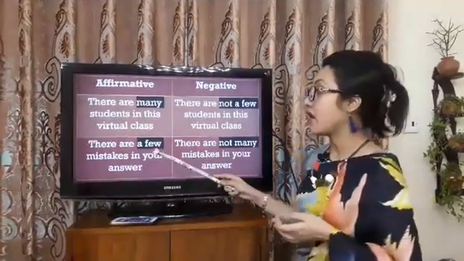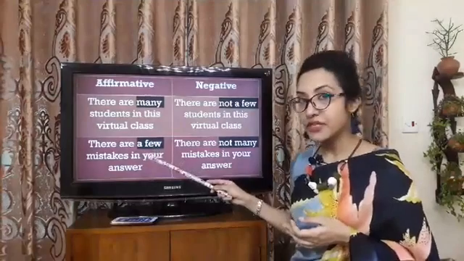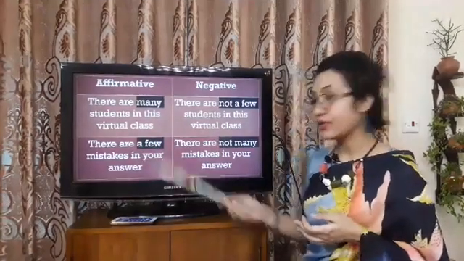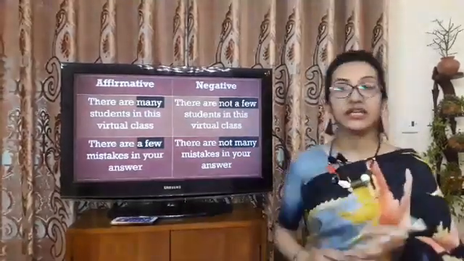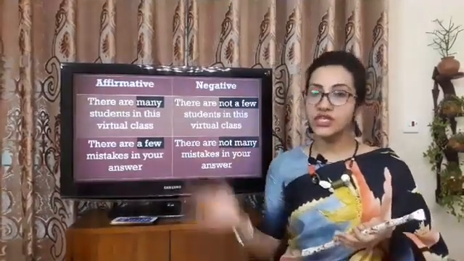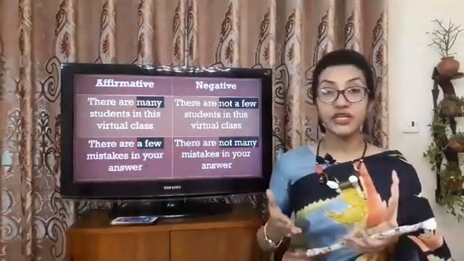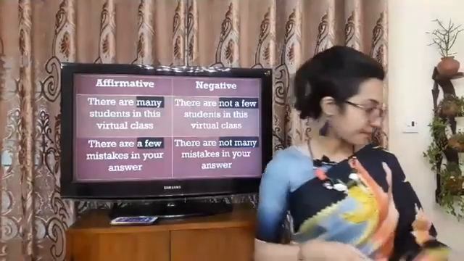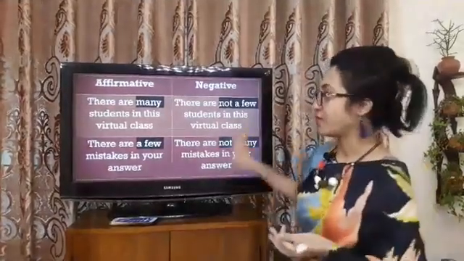If you have a few in affirmative as adjective, you are going to write not many in negative. Just ulta hoye jacche. Many er jagah not a few likhchi, not a few er jagah ami ki likhchi, not many likhchi. I hope it's very easy.